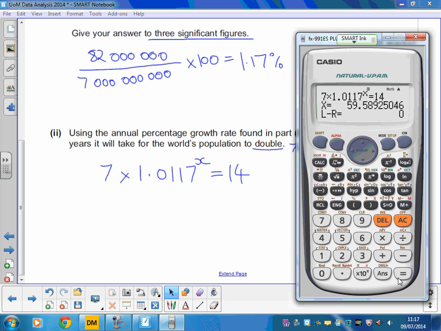And it tells me the answer is 59.6. So that's 59.6 years to 3 significant figures. It's a number of years, so it does make sense. If you want to, you can round to 60 years to give a number of whole years.